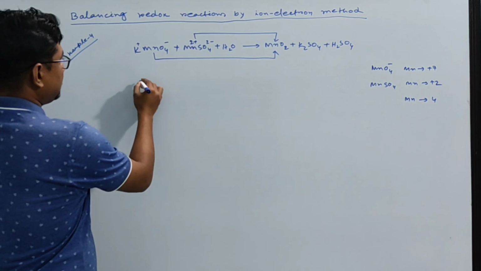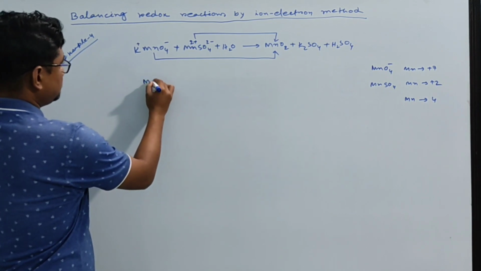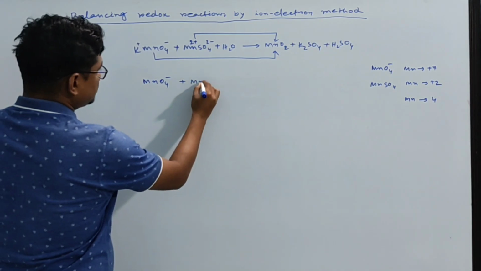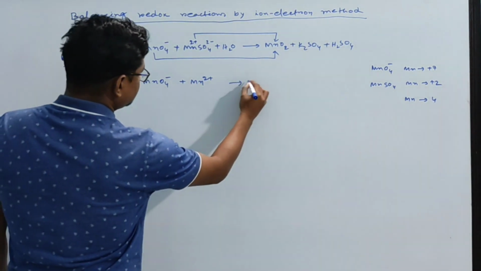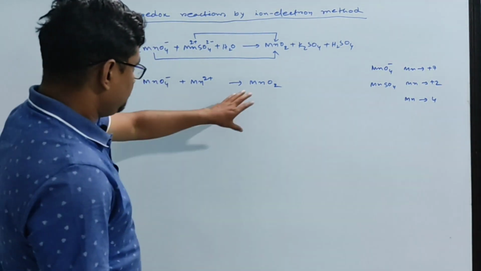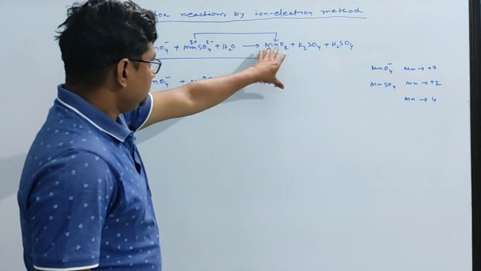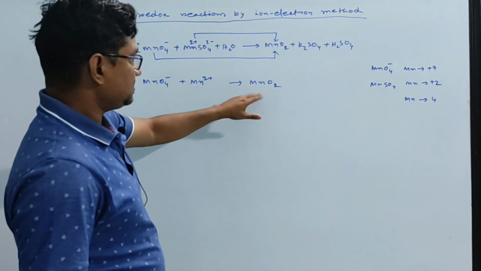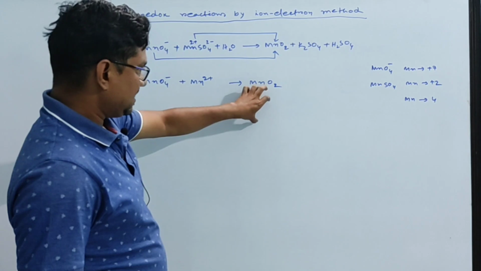So if we write the reaction in ionic form, this will give MnO4 minus plus Mn2 plus, both are going to MnO2. Please remember one thing, the MnO2 is a covalent compound, so you should not write it as Mn4 plus, you should write it as it is.